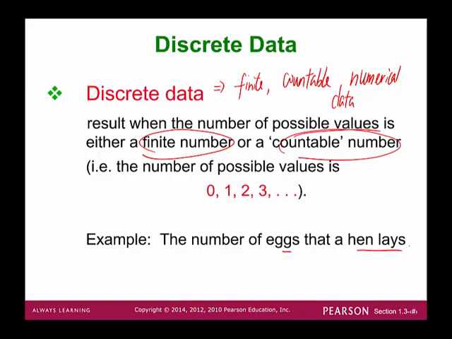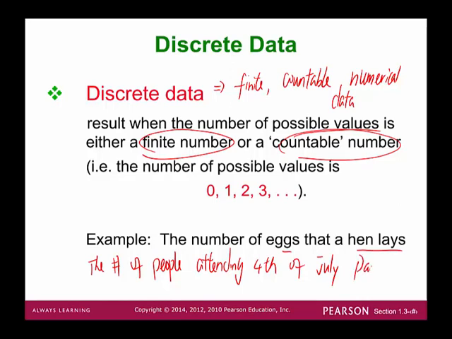The number of eggs typically will be 2 eggs, 3 eggs, and you never expect to have 1.5 eggs. It's not possible. Also, the number of people attending a 4th of July parade is discrete data.